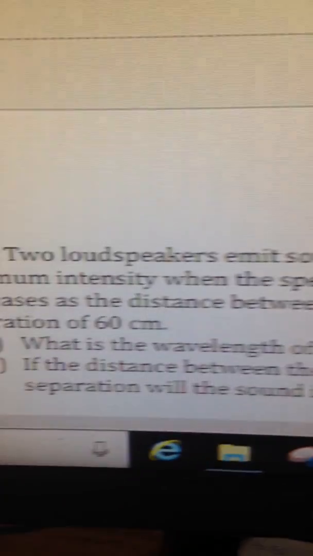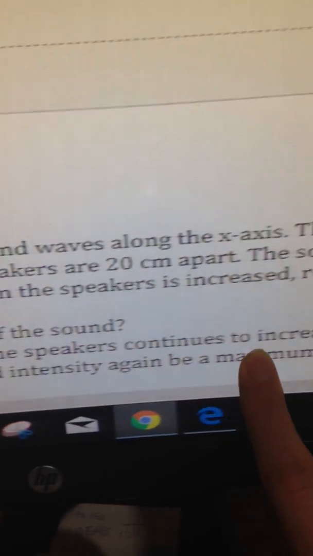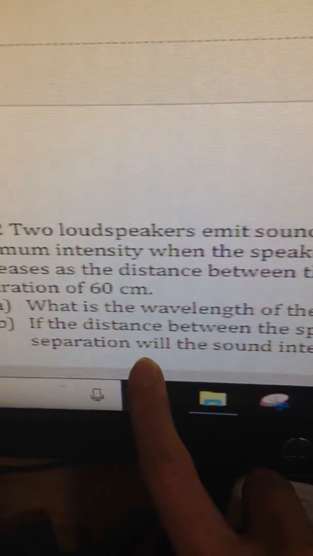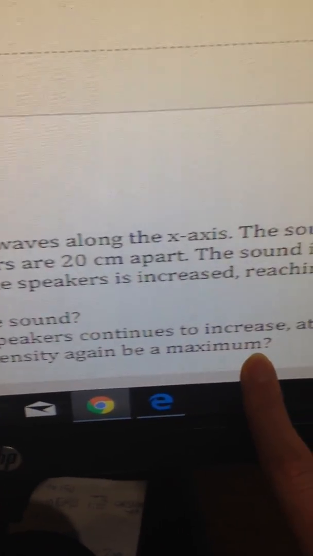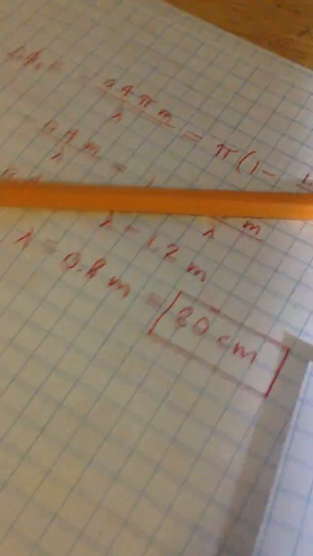If the distance between the speakers continues to increase, at what separation will its intensity again be a maximum? Okay, so like I said, we know this is going to be one wavelength, and we found the wavelength, and it's one wavelength from 20 centimeters.